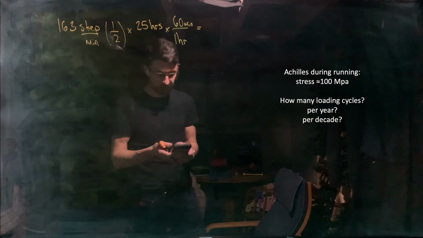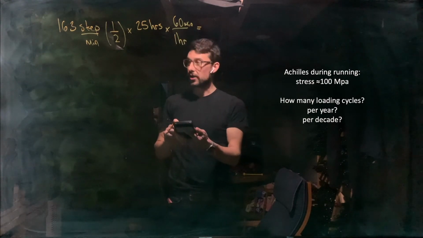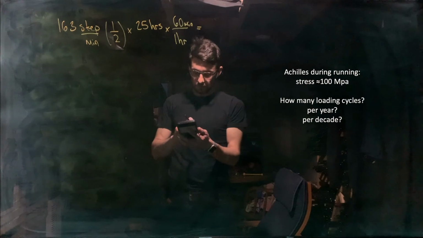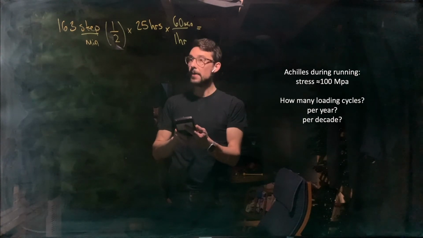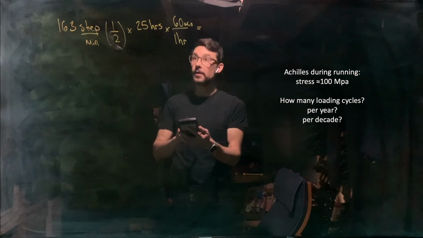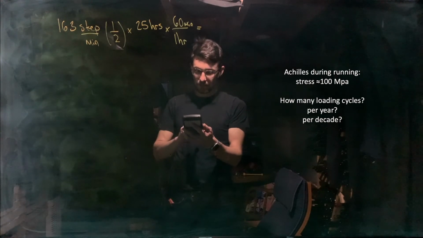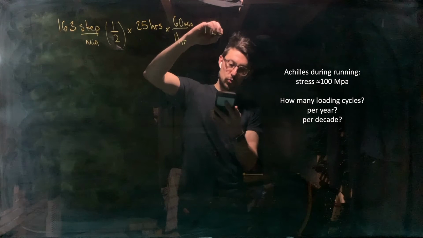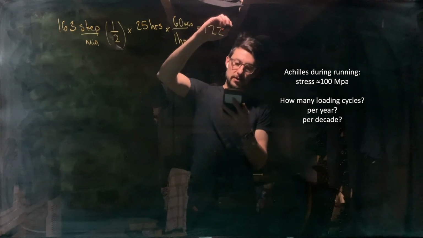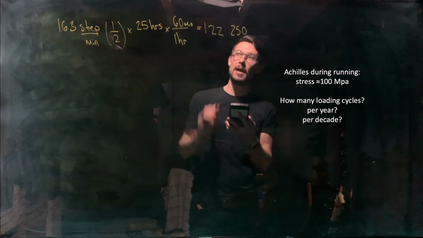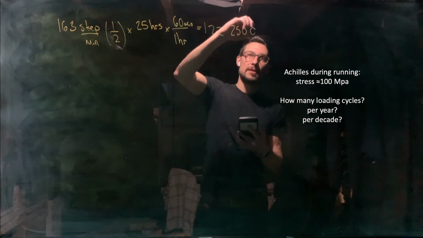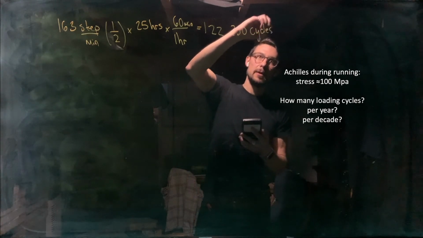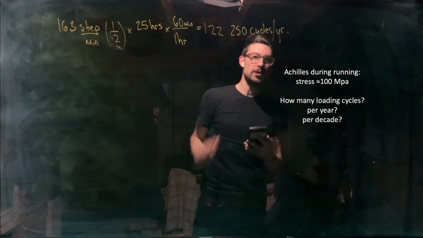So let's check out what that number is. We've got 163 divided by 2 multiplied by 25 multiplied by 60. We've got 122,250 cycles per year, right?